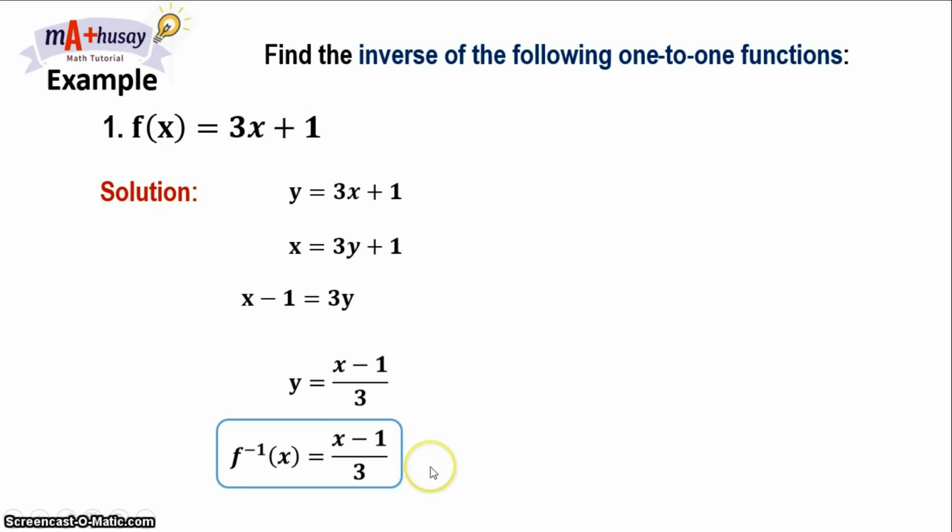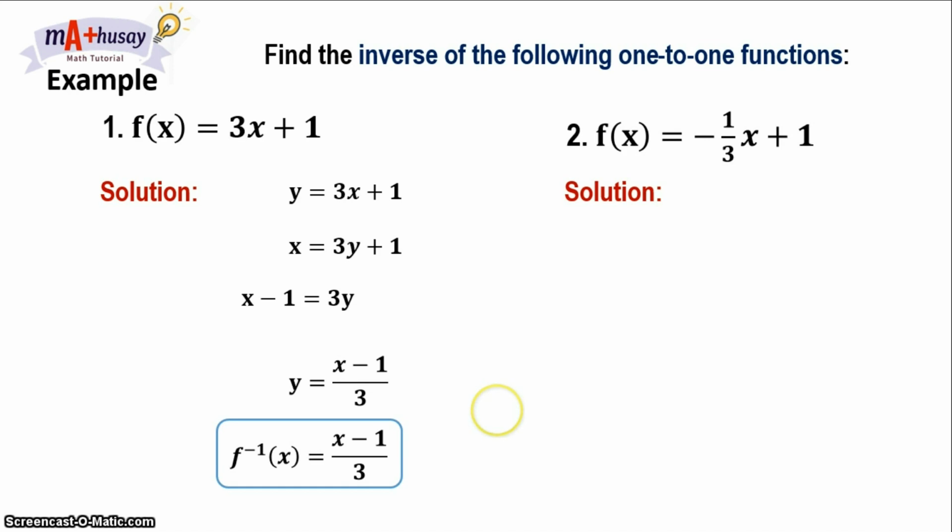Let's take another example. Number 2. f of x is equal to negative 1/3 x plus 1. So, again, ang gagawin natin is we replace yung ating f of x ng y.